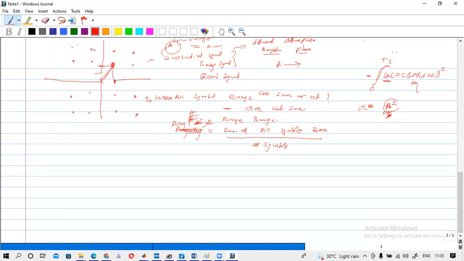If you consider this symbol, the distance from here to here is the same. If this distance is d and this distance is d, then this distance will be 2d, and this distance also will be 2d.